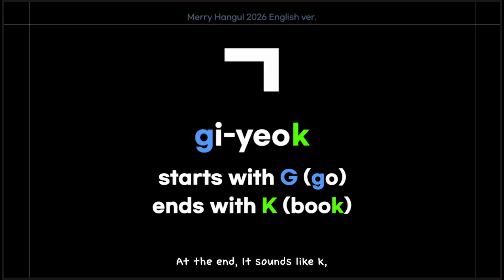At the end, it sounds like K, like K in book. The first sound and the final sound are already in the name. That means the letter tells you how to read it.